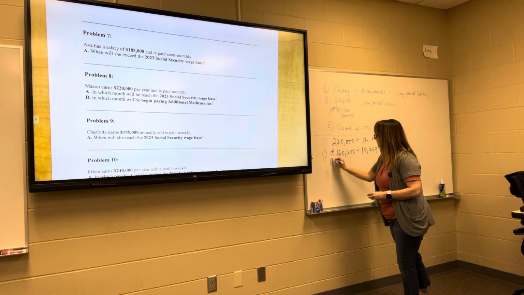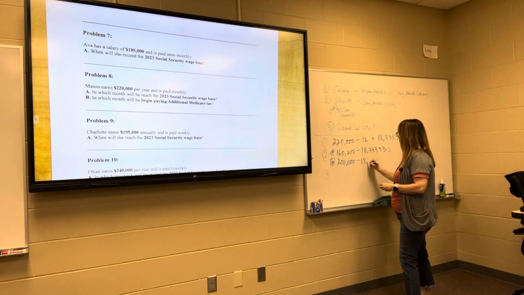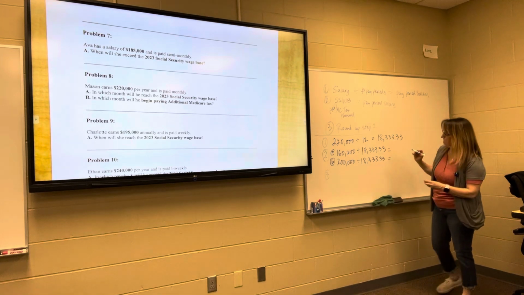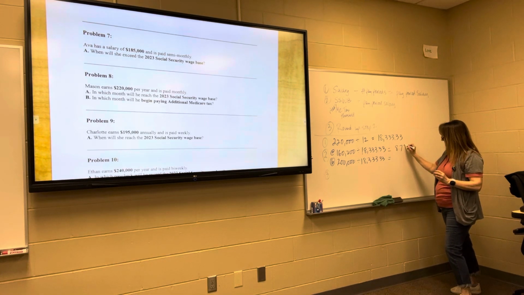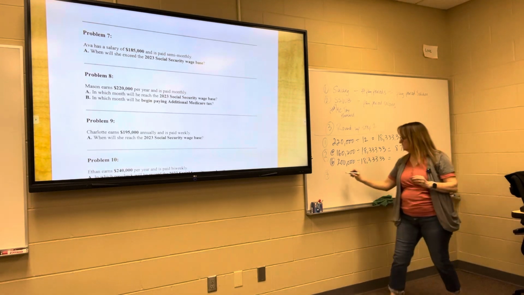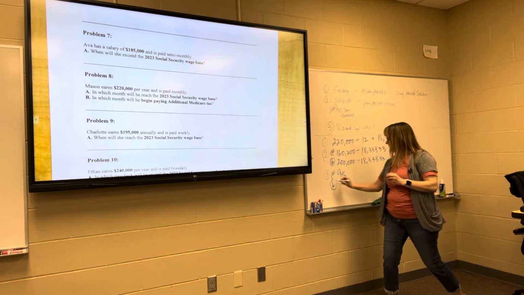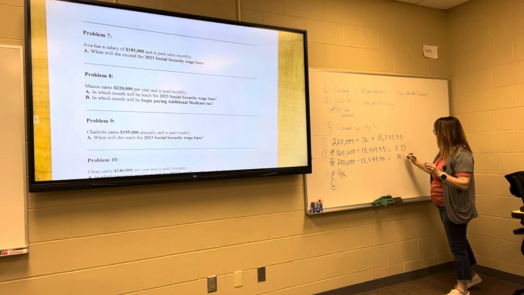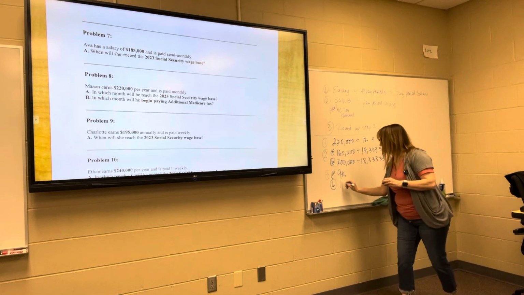And then second part, 200 divided by 1,833.33. 8.73. So this would be the 9th pay. 10.1. 0.9. And the 11th pay.